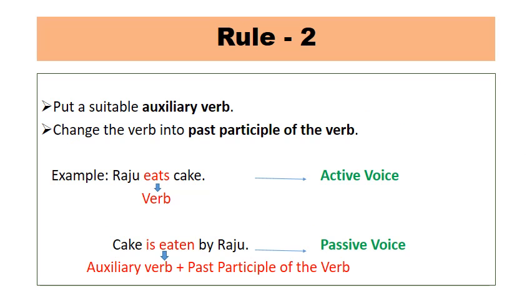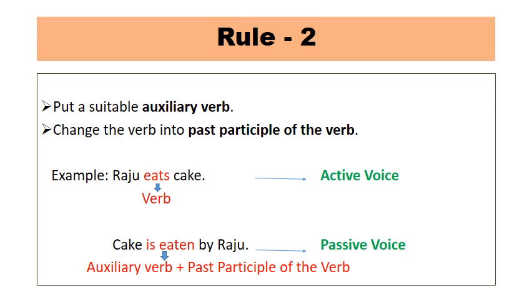Rule number 2. Dear students, when we change the active voice into the passive, the sentence undergoes two major changes. The subject goes into the predicate and the verb undergoes few changes. First, put a suitable auxiliary verb, and second, change the verb into the past participle of the verb.